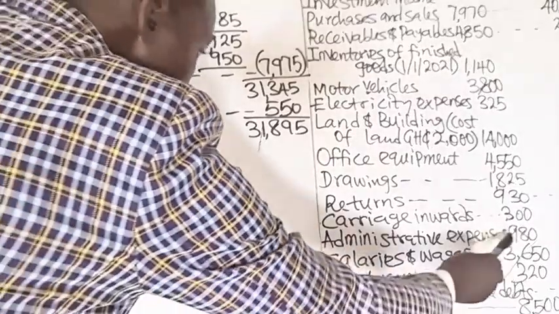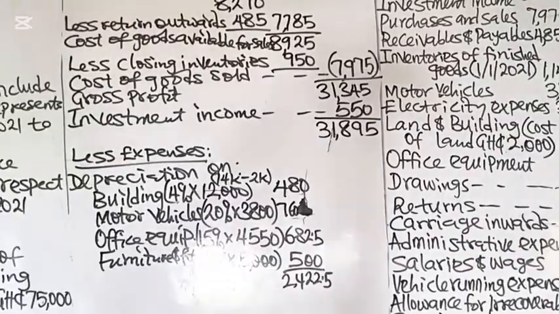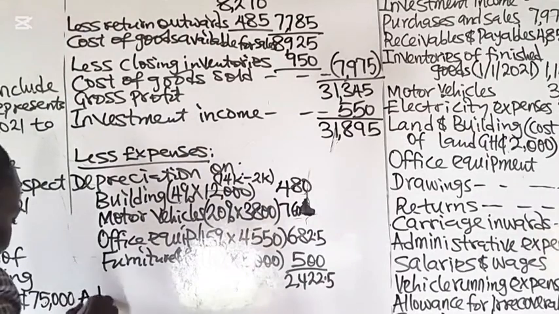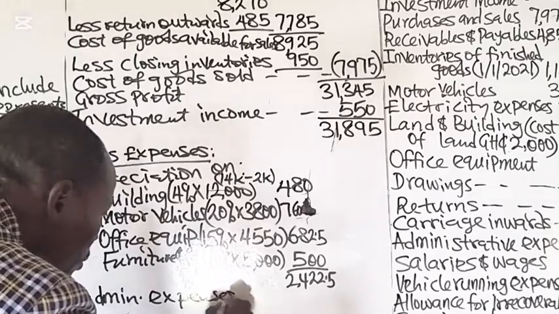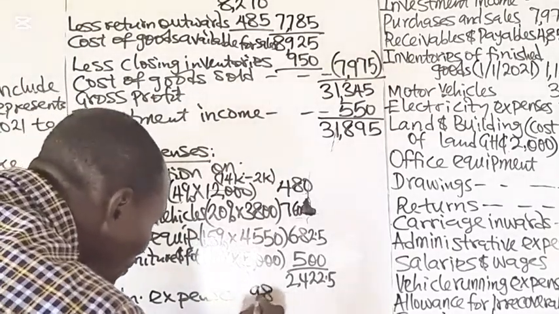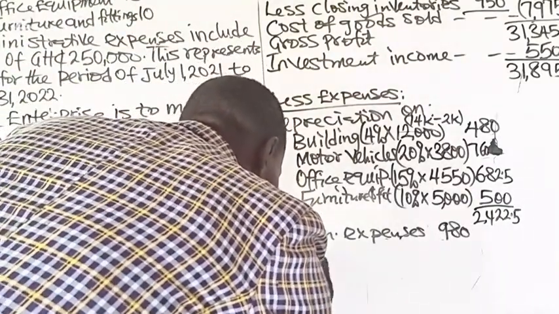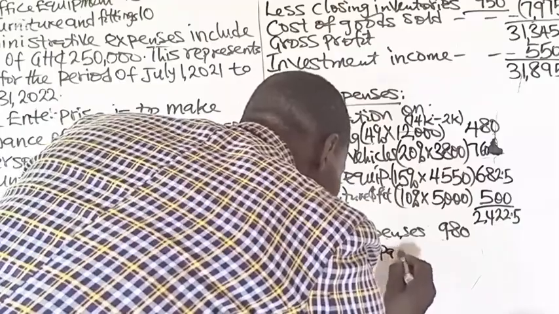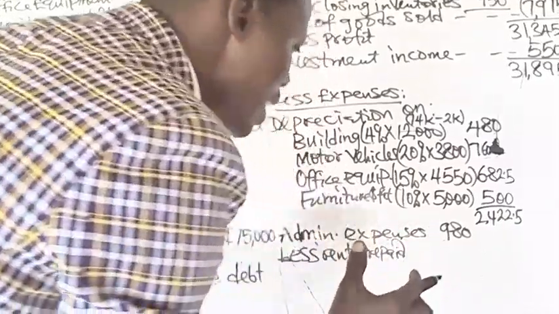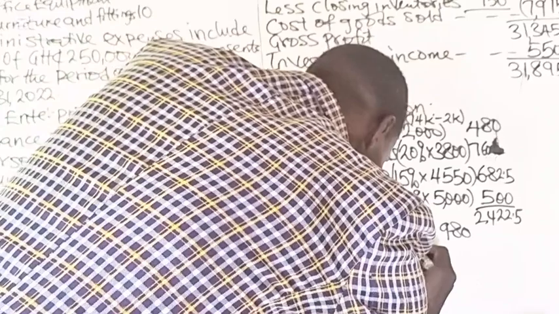Our administrative expenses amounted to 980. From our administrative expenses, we less rent prepaid. We said rent for the period of January 1st to May 31st, 2022 has been prepaid, which is 5 months.